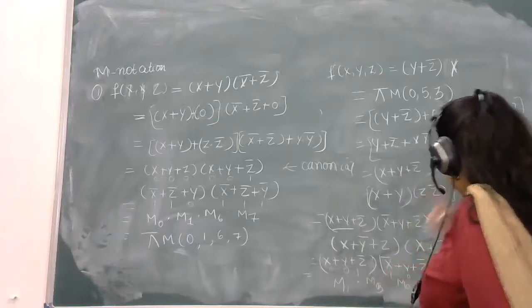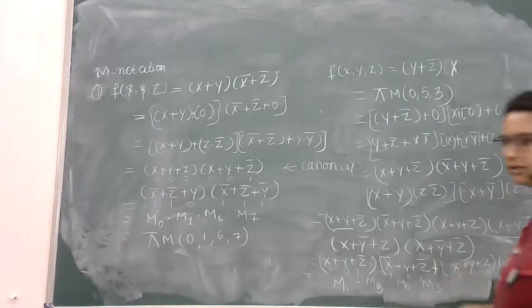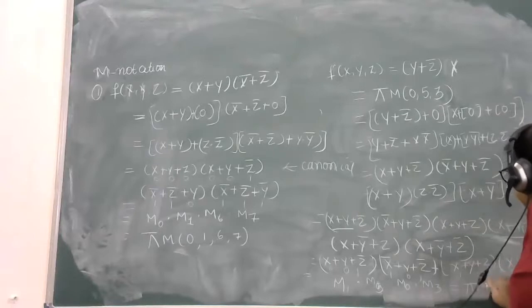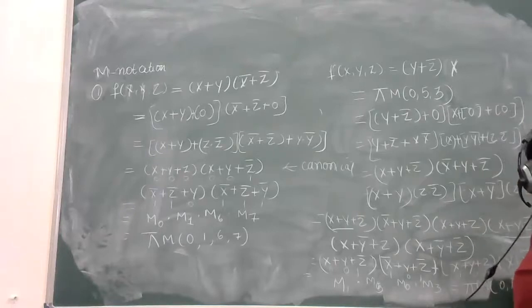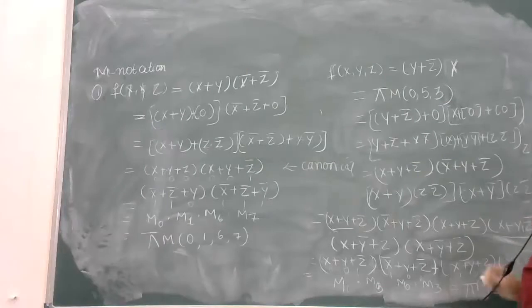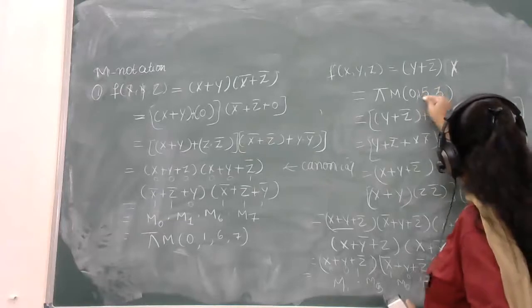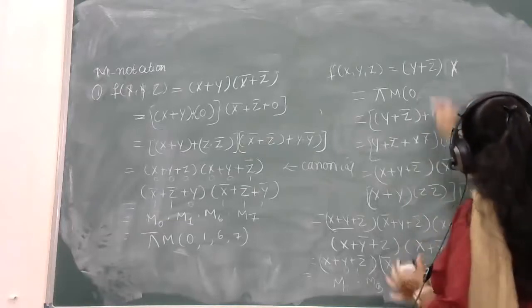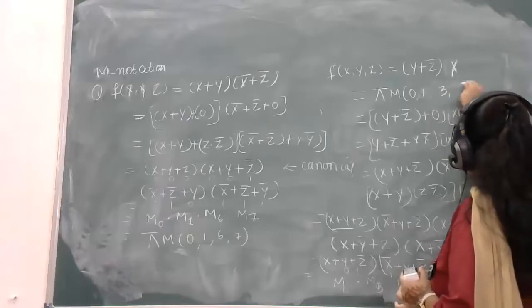So it is 0531, correct? So it can be written as pi M 0135. So my expression is pi M 0135.